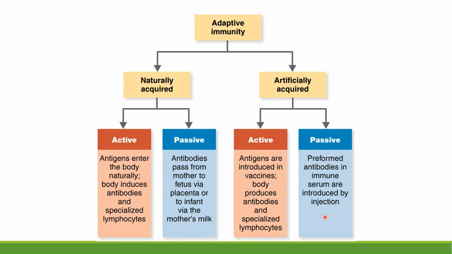So let's say you get a snake bite, and you're not producing your own active antibodies here. You're going to be injected, usually with antibodies from a large mammal like a horse that's developed those antibodies already through special methods. They've been isolated and produced into an anti-sera, and you're injected with just the antibodies. And so that would be artificially acquired and passive, where you're not exposed to the antigens to acquire your own antibodies.